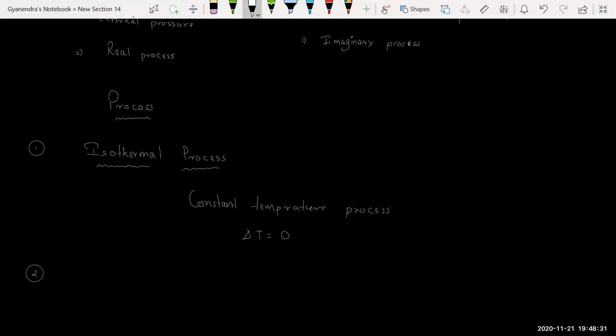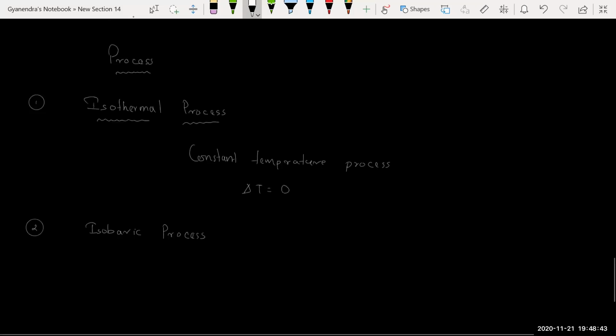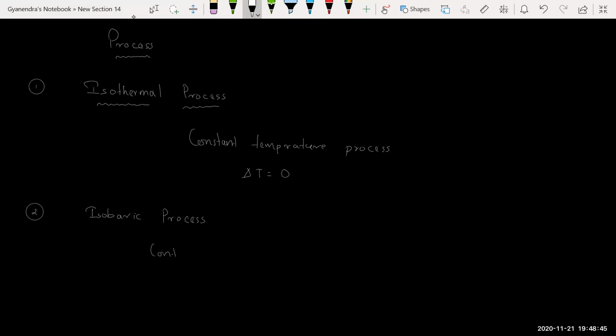The next process is the isobaric process, Dinesh. Iso means same, so constant pressure. Yes, constant pressure process. In this process, the pressure is going to remain constant. So delta P would be equal to 0 here.